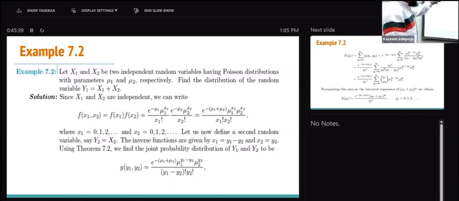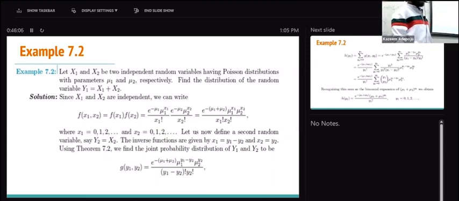Now, we want to find the distribution of the sum of the variables. Then I define a new random variable y, which is the combination of, which is adding x1 to x2.